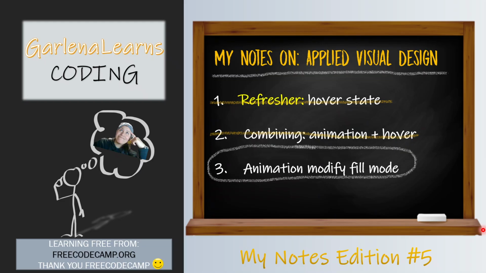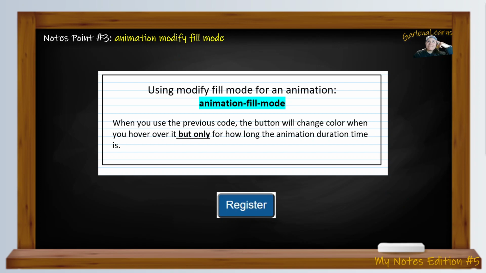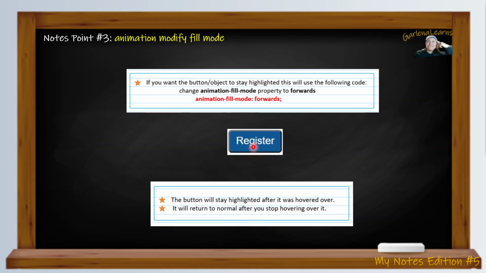Okay, so the last one I wanted to talk about today was animation fill mode and what that is. Animation fill mode is the name of the code you would plug in, and this one will change the duration of how long you want it to stay highlighted. Here is another example.